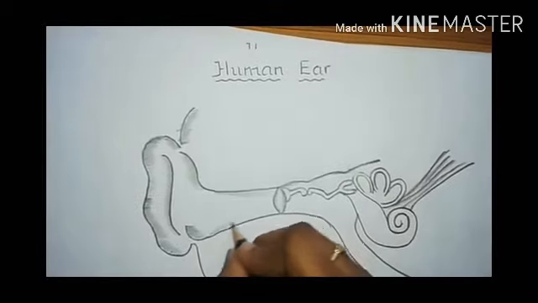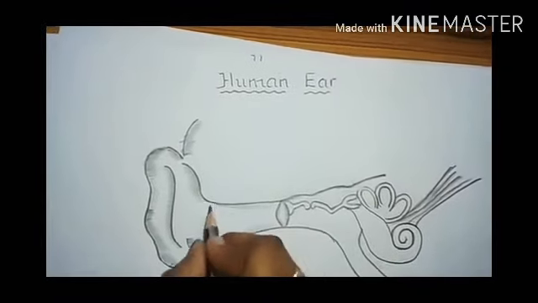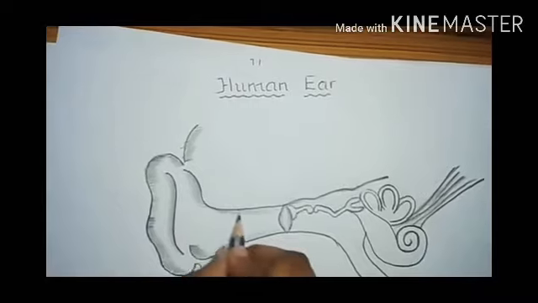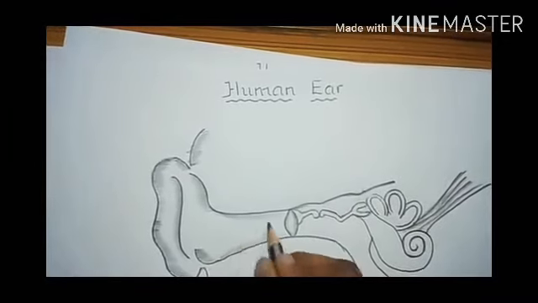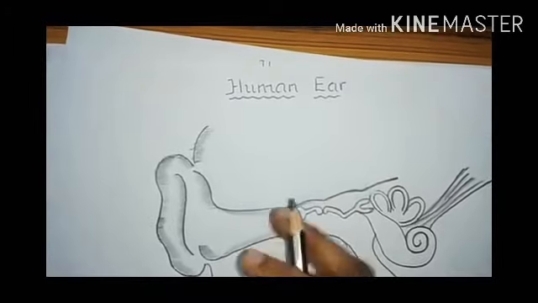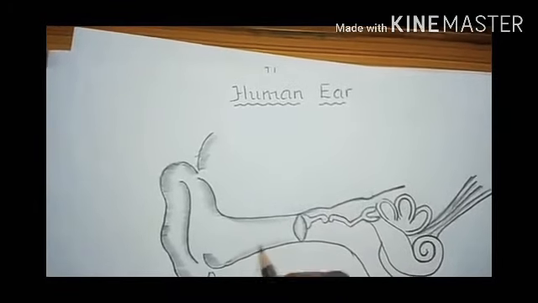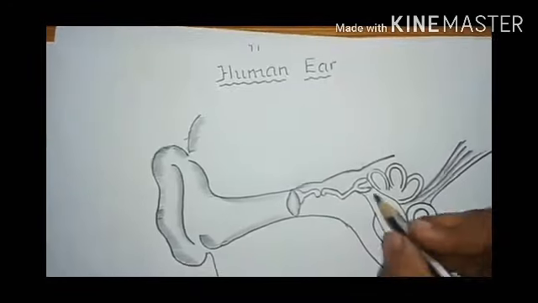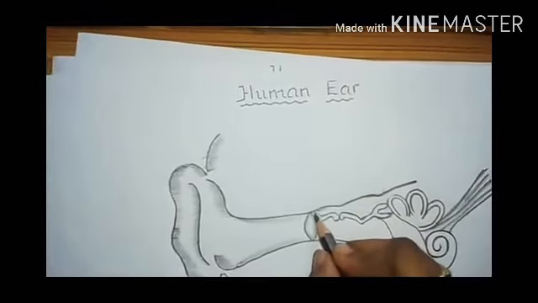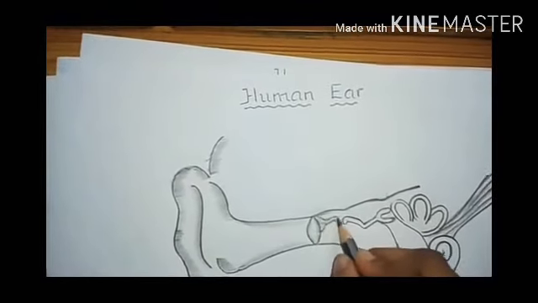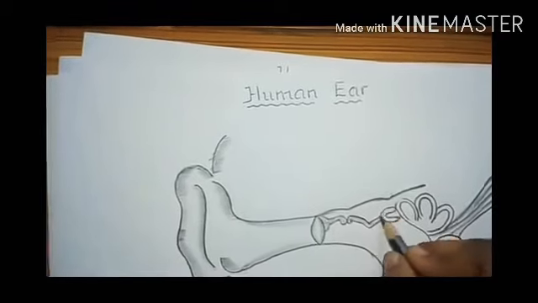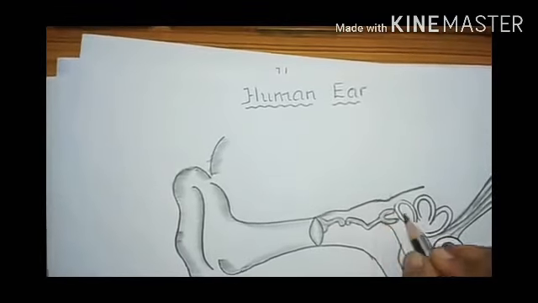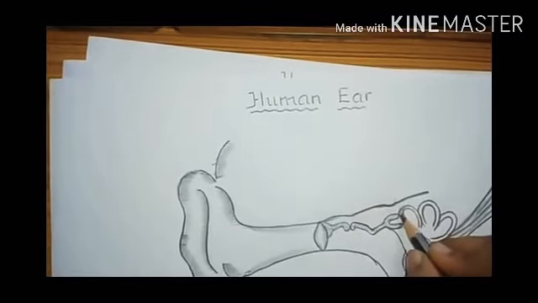Draw the hair in the auditory canal which prevents organisms and germ dust from entering the auditory canal, and wax which is produced in the auditory canal entangles the dust. Just shade the three bones, malleus, incus and stapes, and the semicircular canals.